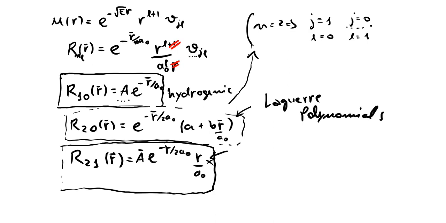The Laguerre polynomials are the solutions to the Schrodinger equation for the hydrogen atom, and this is what finishes my analysis here. So in another video, I will give a better explanation about not the radial part, but the angular part of the wave function, and that's it.